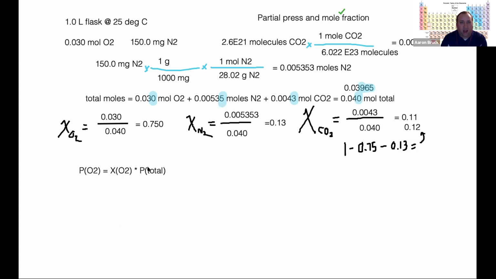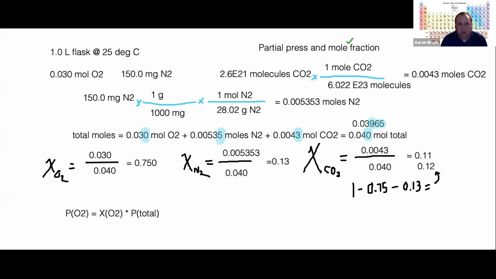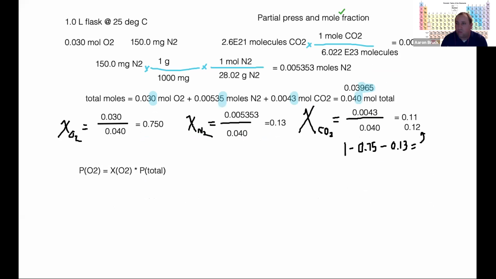So I need the total pressure. Now, obviously, the total pressure would be the thing that I would look at by just measuring it if possible. I can't do that here because it's not given to me.